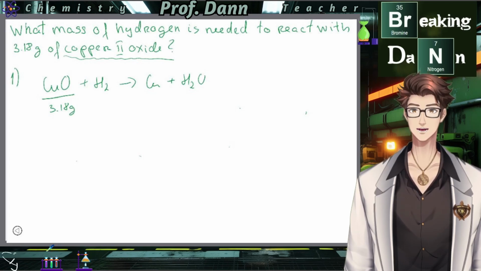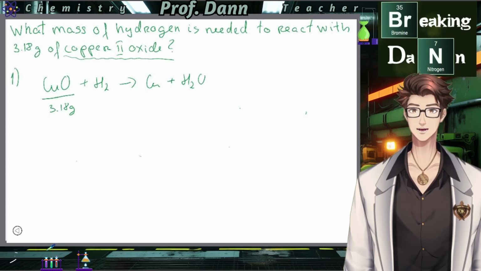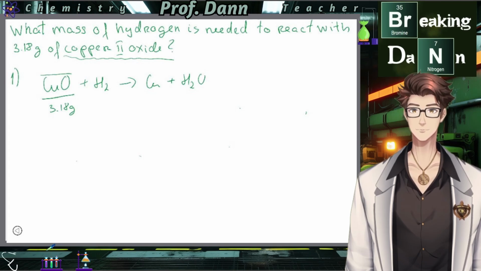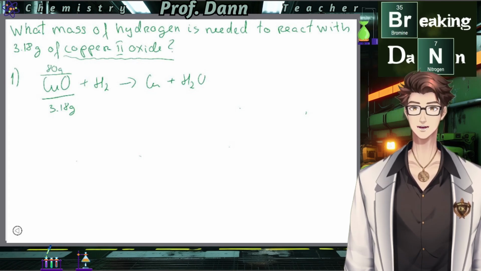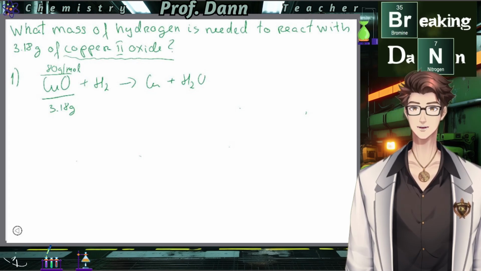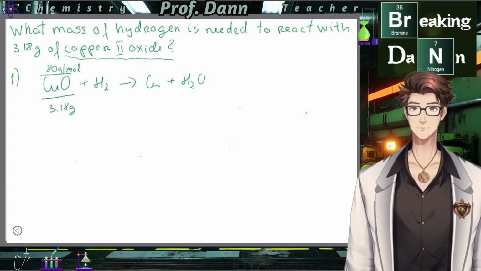And this is the mass from our task. Above copper oxide, we will write the molar mass of copper oxide, which is 80 grams per mole, because we are going to use this number for our calculation in the next steps.